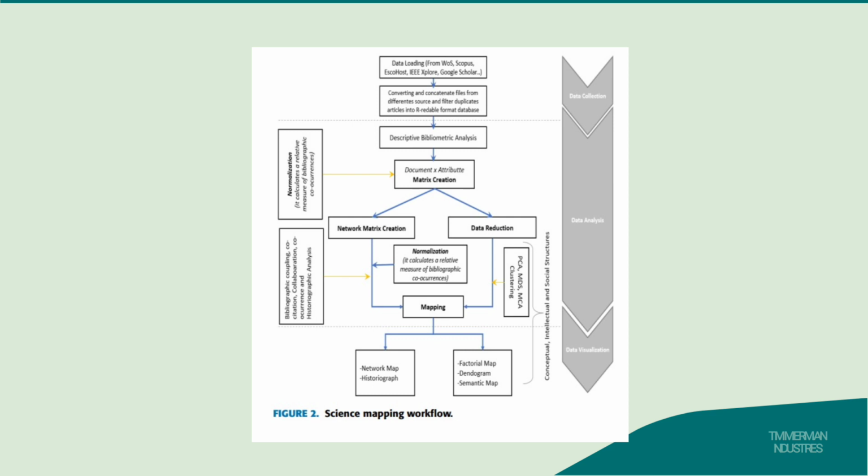Then it goes to the descriptive bibliometric analysis, then document and attribute matrix creation, which is then divided into two parts called network matrix creation and data reduction, which is then followed by mapping with PCA, MDS, MCA, and with bibliographic coupling, co-citation, collaboration, co-occurrence, and historiographical analysis, which then gives the network map, historiograph, and factorial map, dendrogram, semantic map.